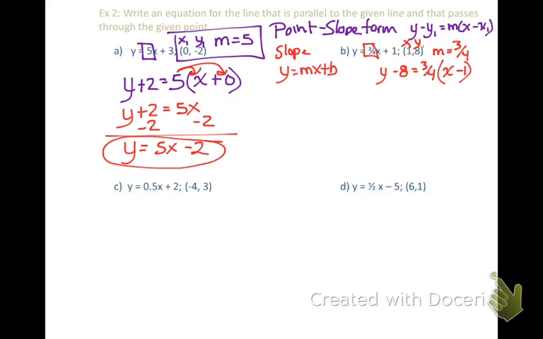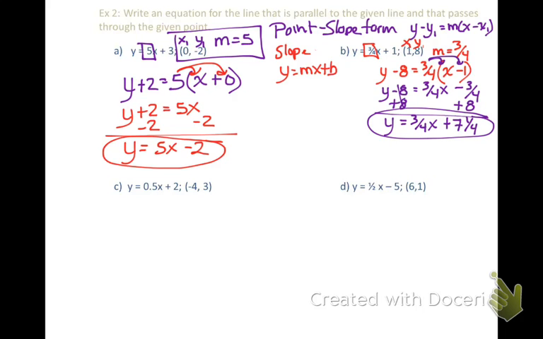And then I'm going to do the math to get y by itself. So I'm going to distribute the 3/4. So it's y minus 8 equals 3/4 x minus 3/4. Then I'm going to add 8 to the like terms. It does not go to the 3/4 x. It only goes to the minus 3/4. So y equals 3/4 x plus 7 1/4. There's your answer. I would like you to try C and D by yourself.